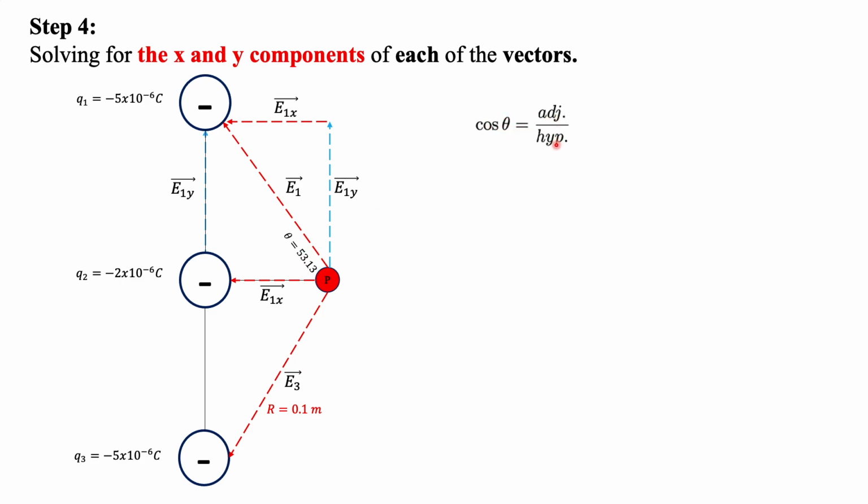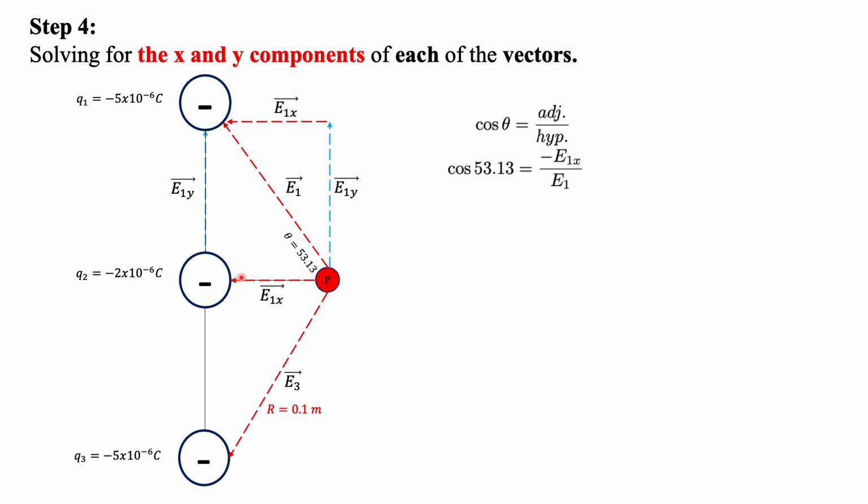And with respect to this 53.13 degrees, the adjacent side is your negative E1x. And the hypotenuse in that case is this E1 vector itself. So it's negative because it's moving towards the left x direction. So take note, in our class we say that after we identify the field point, we create another coordinate axis.